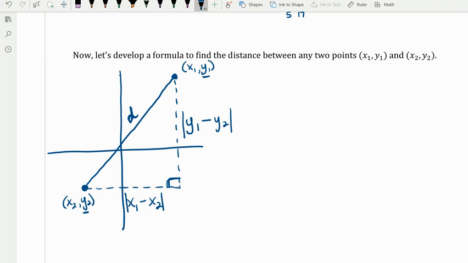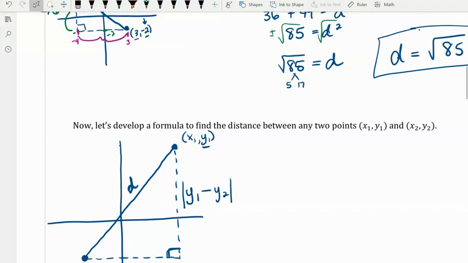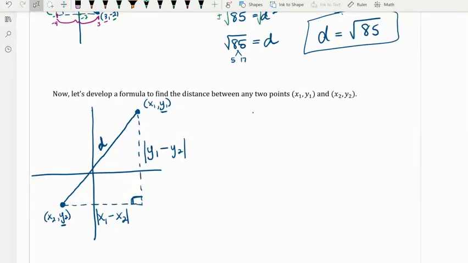Okay, so now once we labeled our triangle like we did up here, the next thing we did was plug that into our Pythagorean theorem. So we had our a squared plus b squared equals c squared, right? Now a and b, this is like our a, and this is our b, right? Those are our 2 legs of our right triangle.